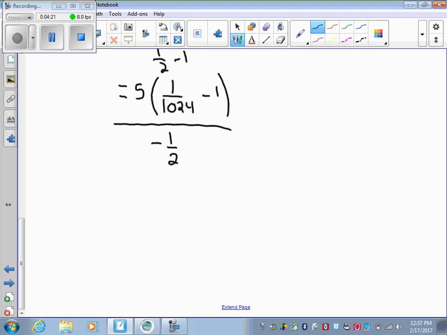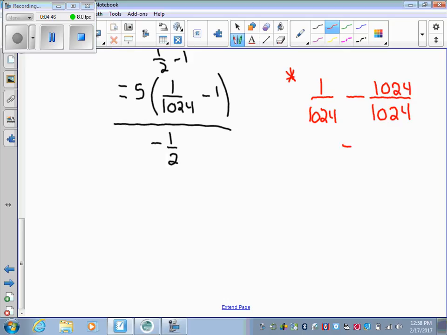Okay. Now, I'm going to do a little sidebar here to deal with common denominators. So if you have 1 over 1,024, and you need to subtract 1, but you want to have this common denominator, that's like saying 1,024 over 1,024. It's still 1.